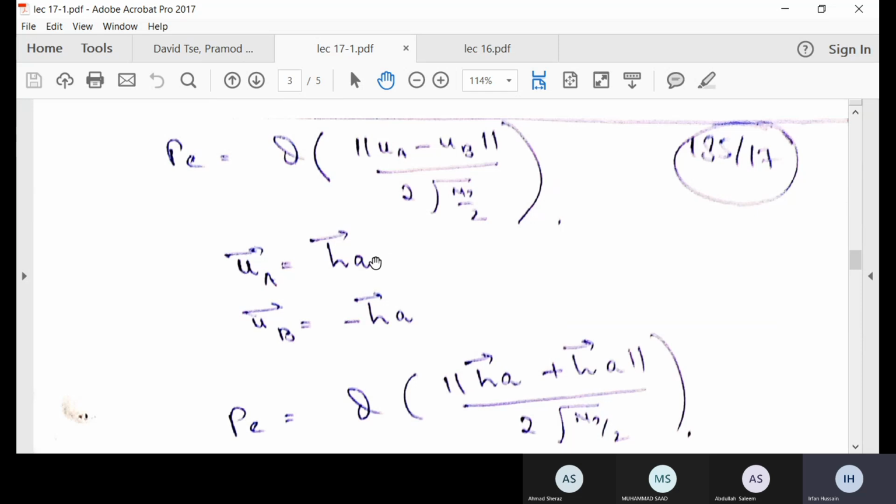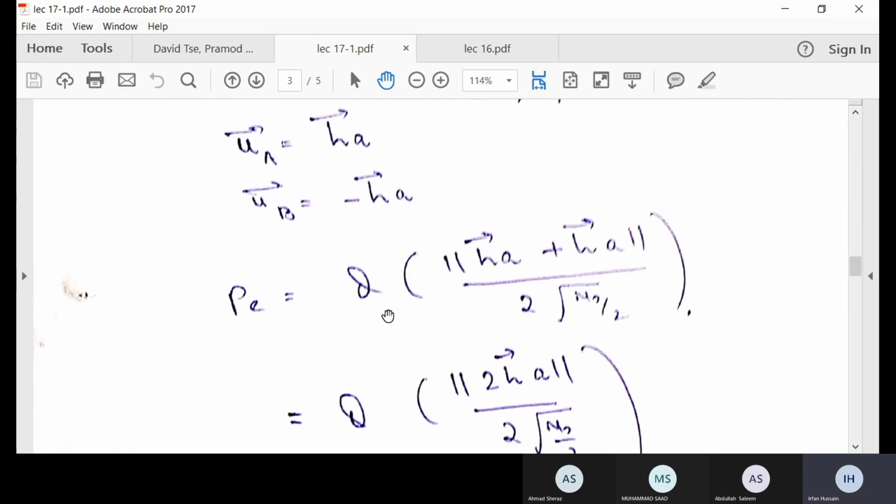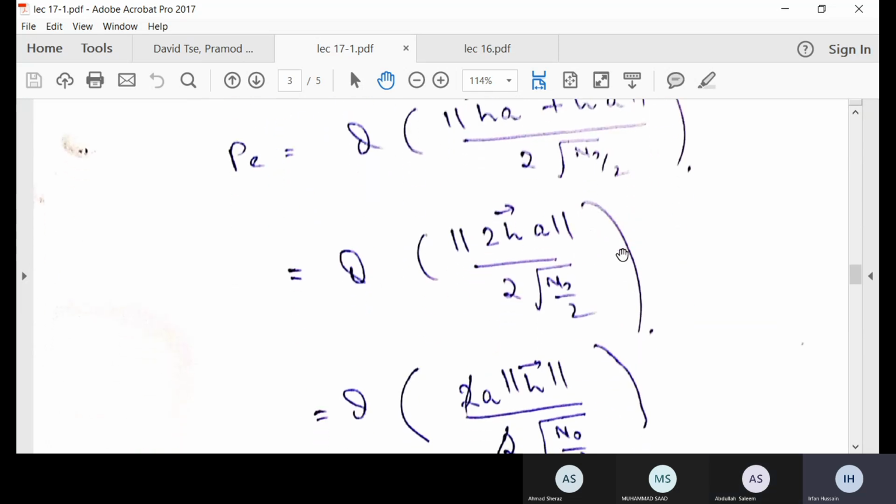Now UA and UB are vectors. They could be plus and minus A into H vector. So minus minus plus HA, this will become 2HA.